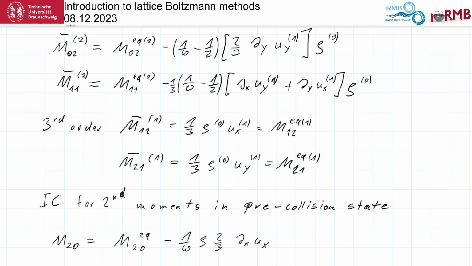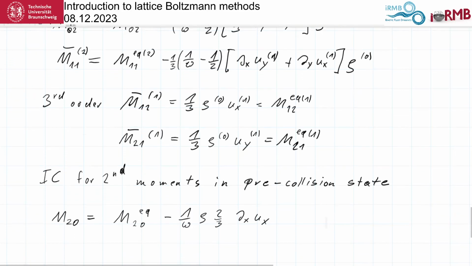No, not plus 1/2. 1 over omega minus 1. Okay. So that's if you add the two together and you divide by 2, you'll end up with this. Not plus, minus 1.